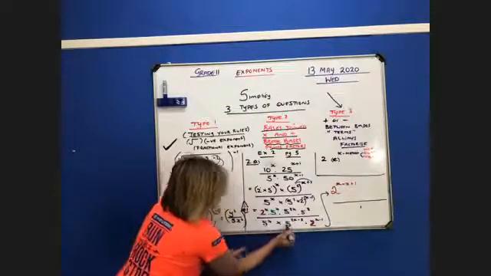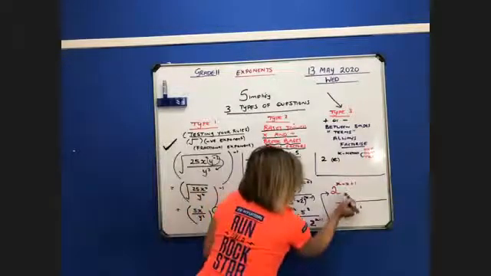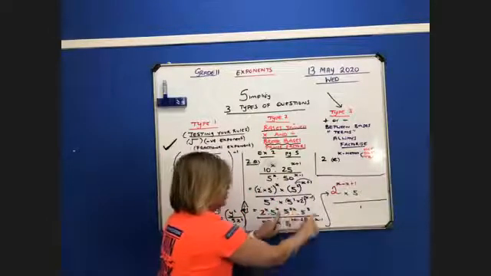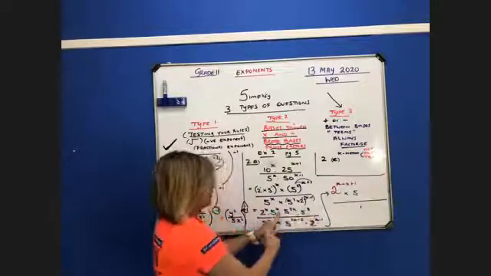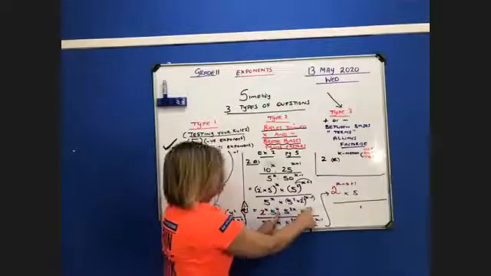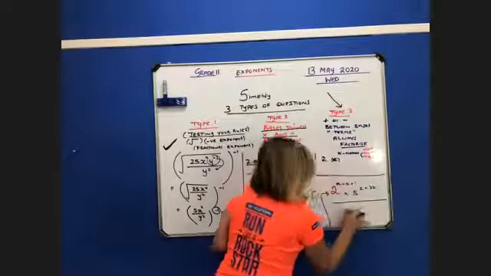Okay, so now let's start with the base 5 in the numerator. So the rule says if you have the same base, you add the exponents. So we can only add the like terms. So 2x plus 1x is 3x plus the 2. So we've got 2 plus the 3x.